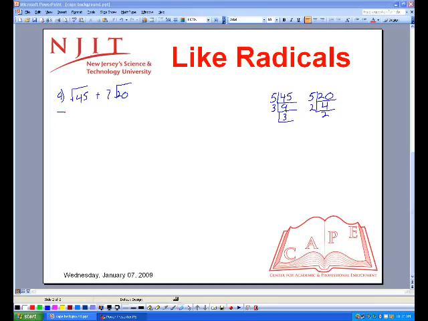So now we're going to have radical 3 squared times radical 5 plus 7 times radical 2 squared times radical 5. Notice radical 5 is common in both expressions. So let's factor it out.